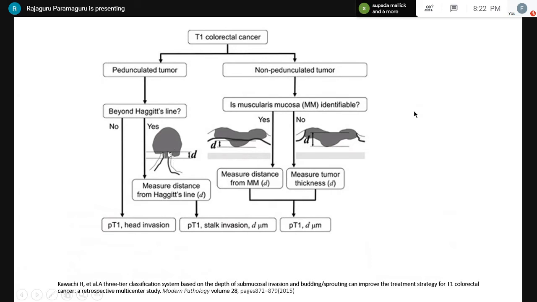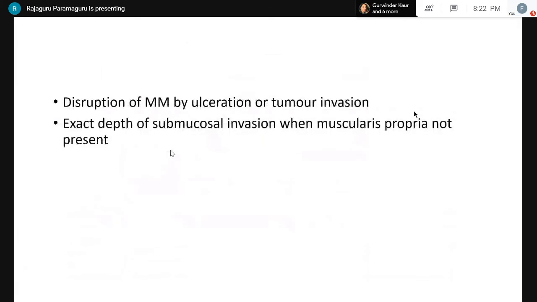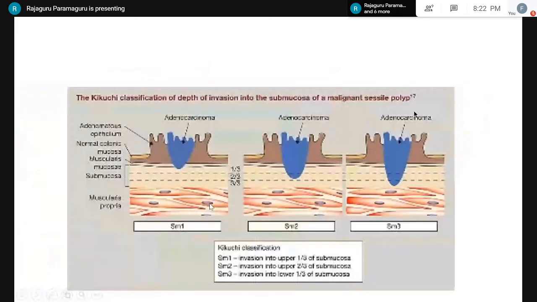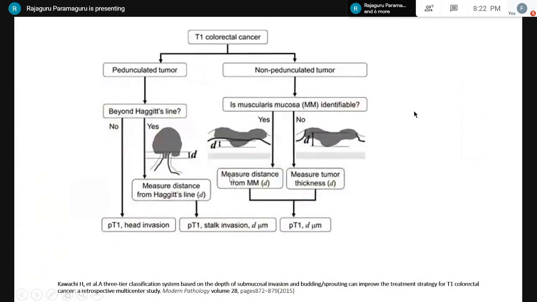It has to invade beyond the Haggitt line. Those lesions involving beyond level 2 will be considered as invasion, and only those have to be measured. That will be called T1 stalk invasion, and you have to give the measurement of thickness in microns.